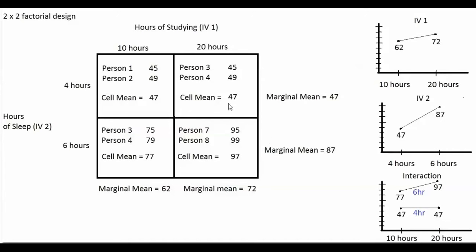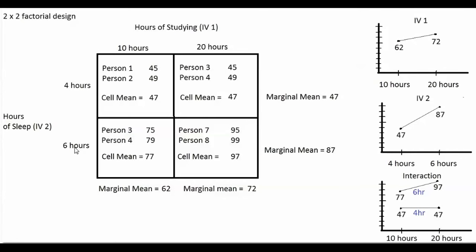This data set is showing an interaction between the two independent variables because it's showing that the effect of IV1 depends on the level of IV2. In the 4-hour condition, hours of studying has no effect because these two cell means are equal. These two people who studied 20 hours had the same mean exam score as these two people who only studied 10 hours.